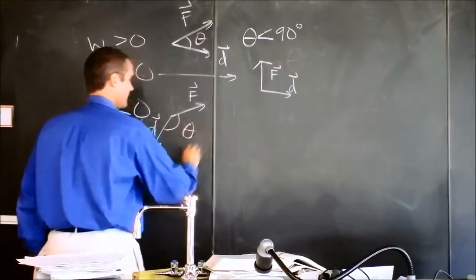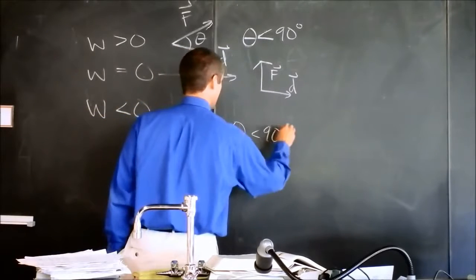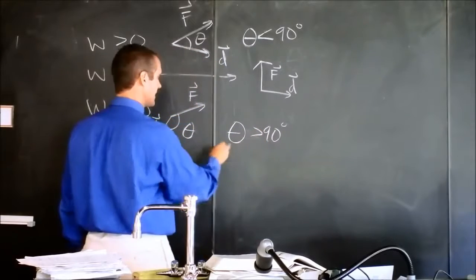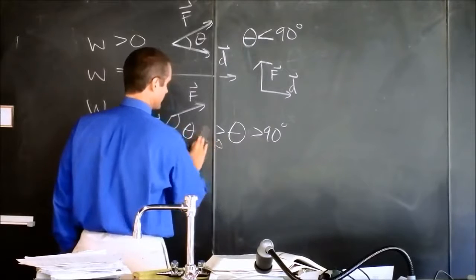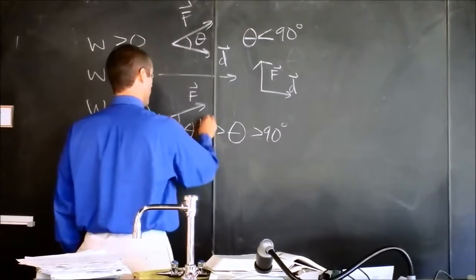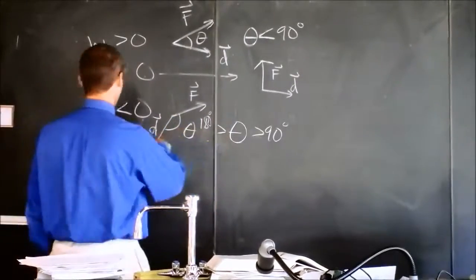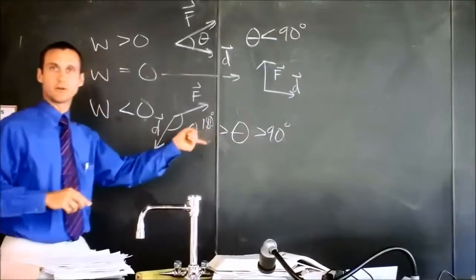So if theta is greater than 90 degrees and less than 180 degrees, then we've got ourselves negative work, because this force is acting against the motion.